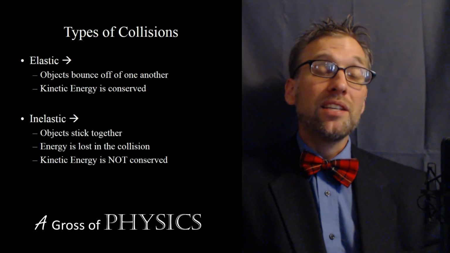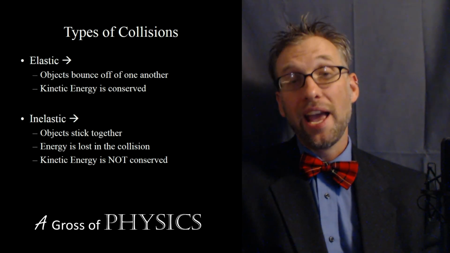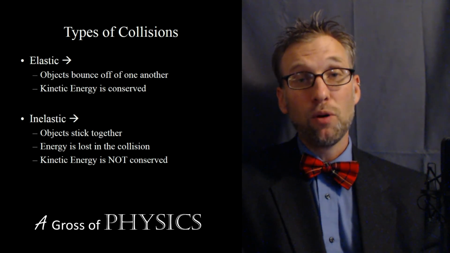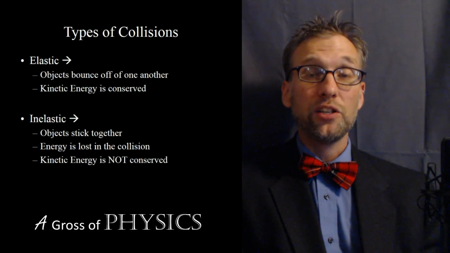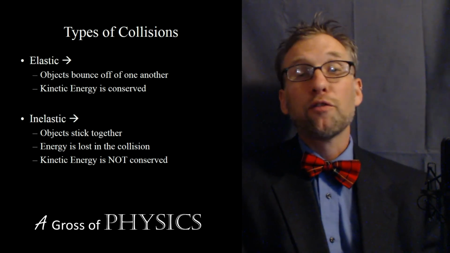And if you have an elastic collision, and this will happen more as we get into the energy section of the course, not only is momentum conserved, but also the energy.